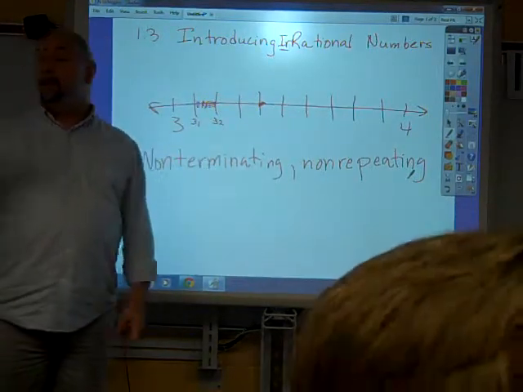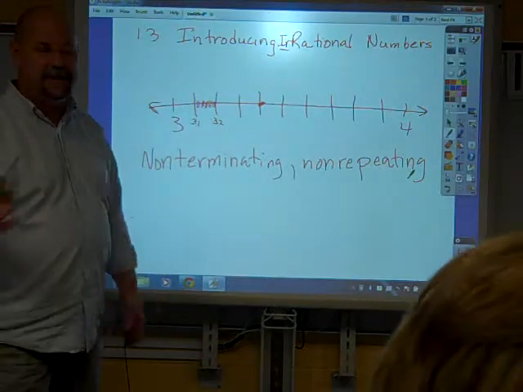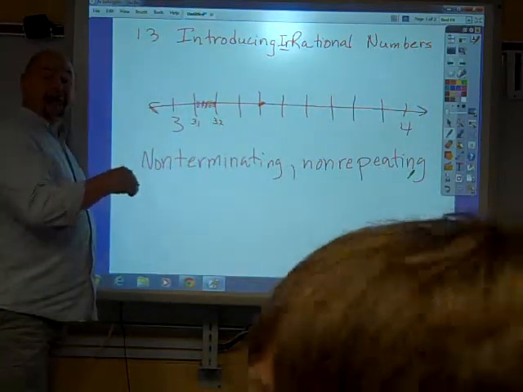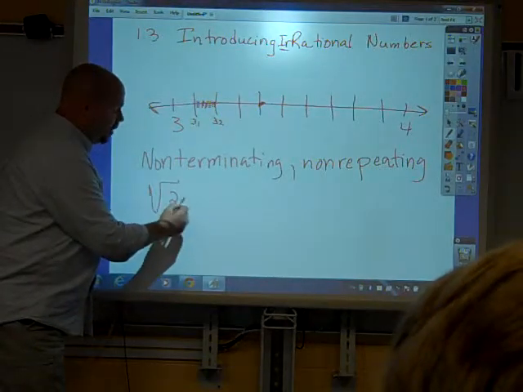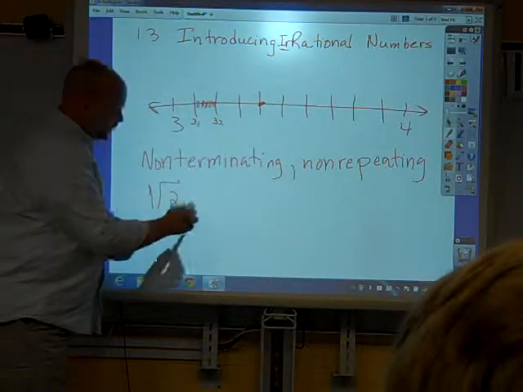There's one more category, and this is the one that gets challenging sometimes. I'm going to do a pattern here, see if you can figure out what is missing. The square root of 2 is irrational.